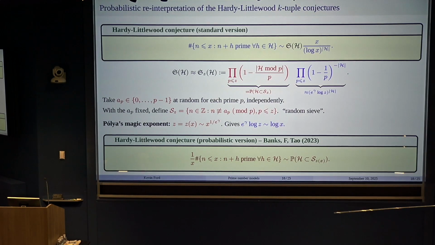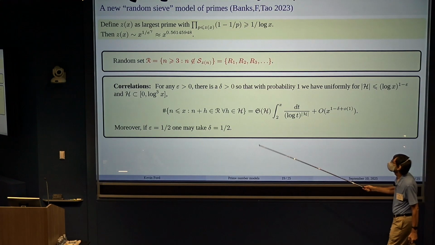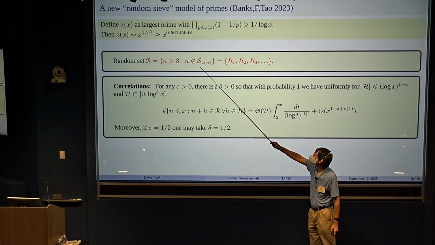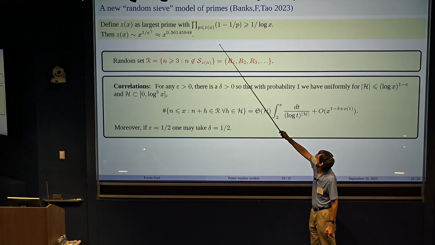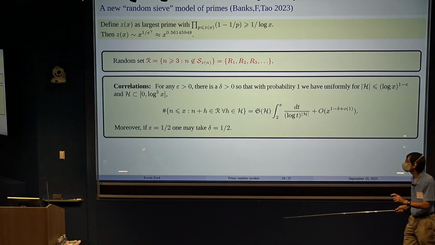And using this as a base, we created another random model of primes, which was simply given by this formula. I've given a much more precise definition of z of x, which you can ignore at this point.